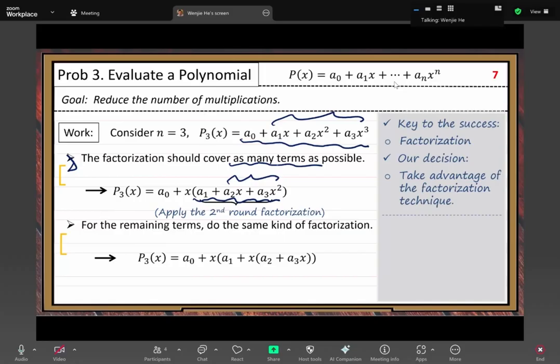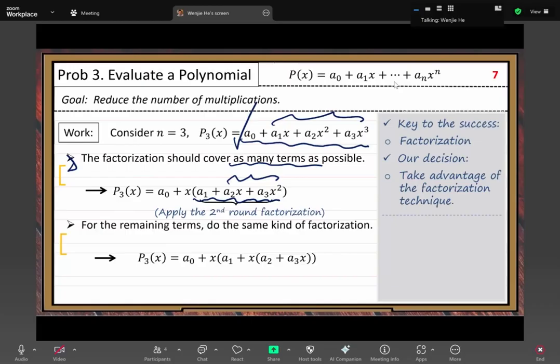Okay? Yeah. Now, let's look at our improvement. How much is the improvement if we do factorization like this? Yeah. All right. Let's count. How many multiplications do we need from the original form? Okay?